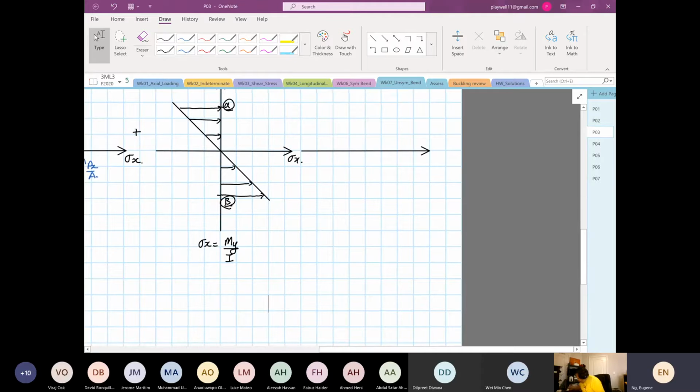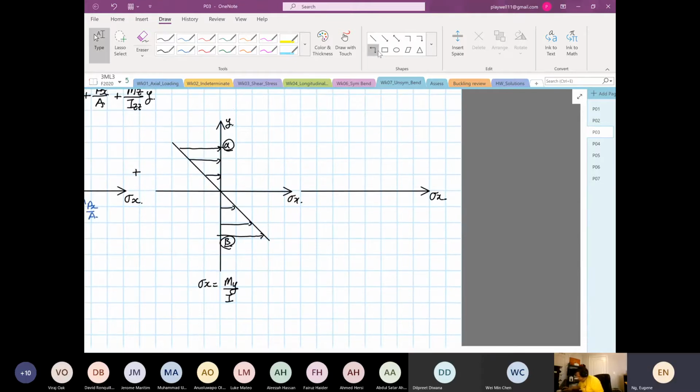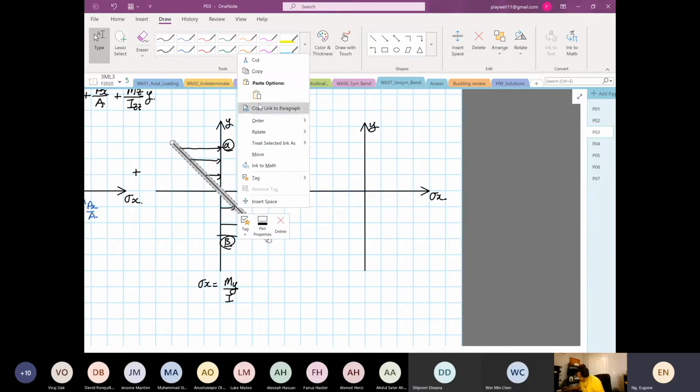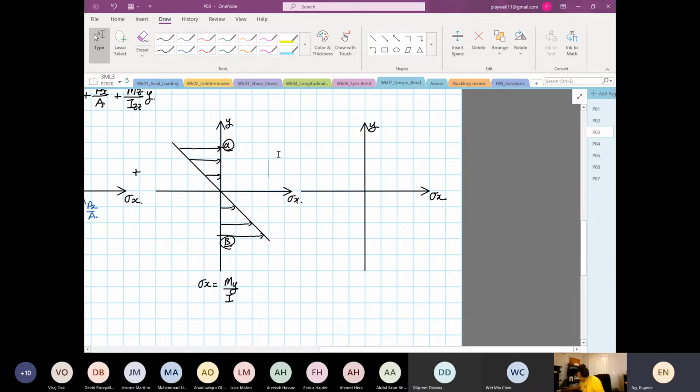When we add both of them together, this is what we see. 2, 2, 4. So this is your Y, right? So we will see a shift. I'm going to copy. The gradient will not change.